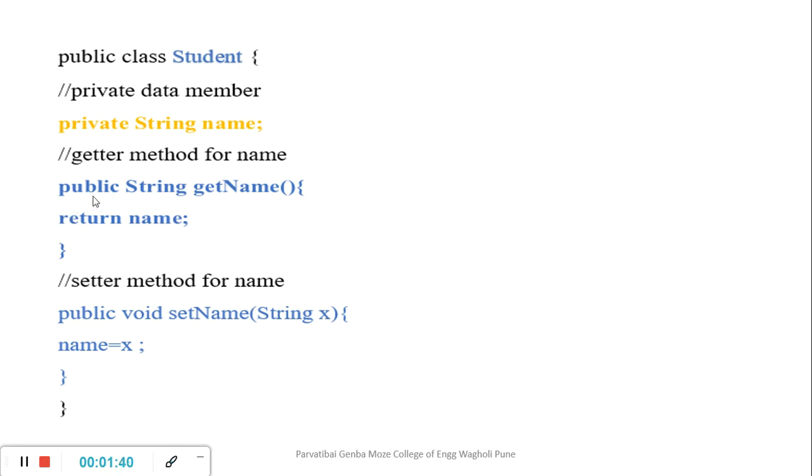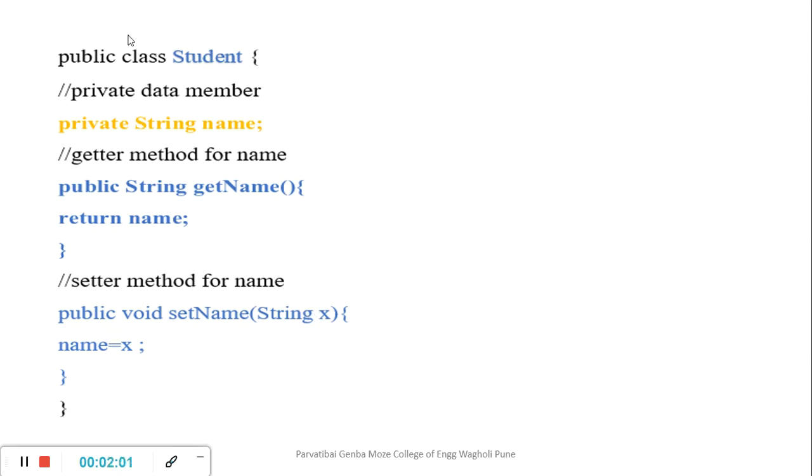First is public String getName, to get the name; it returns the name, so the getName method is to get the data. And second, we have provided a setter method, public void setName(String x), where name is equal to x, to set the name for the student.